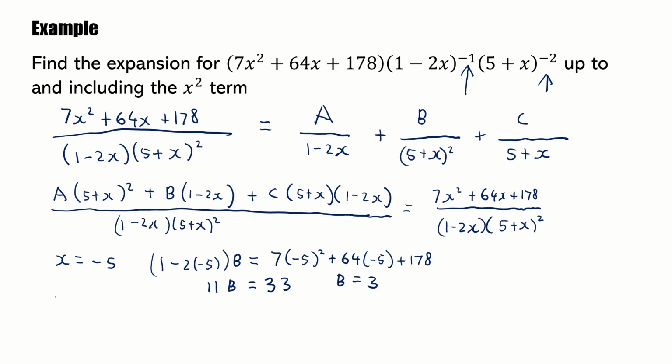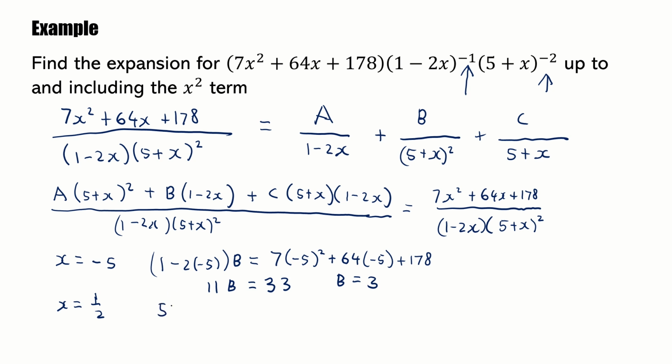We could then also plug in x equals half, because that will make all the brackets that have 1 minus 2x inside just also become 0. So that means the c and the b terms are going to disappear again, but then that leaves the a term.